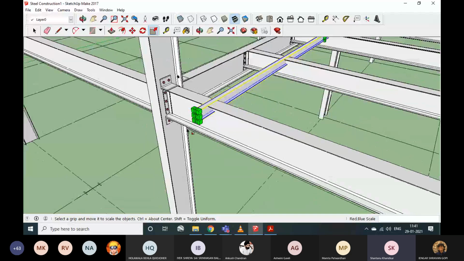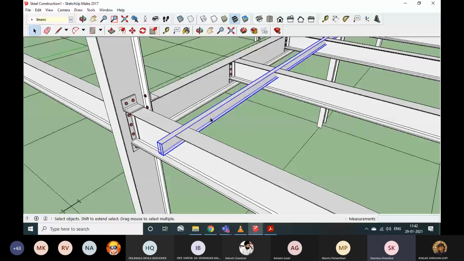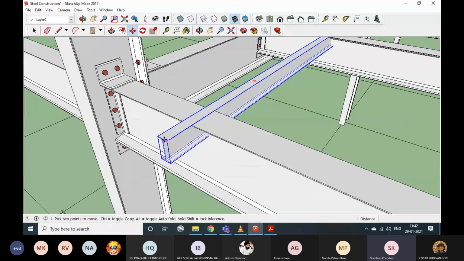So how would you place it? You would probably place it something like this.